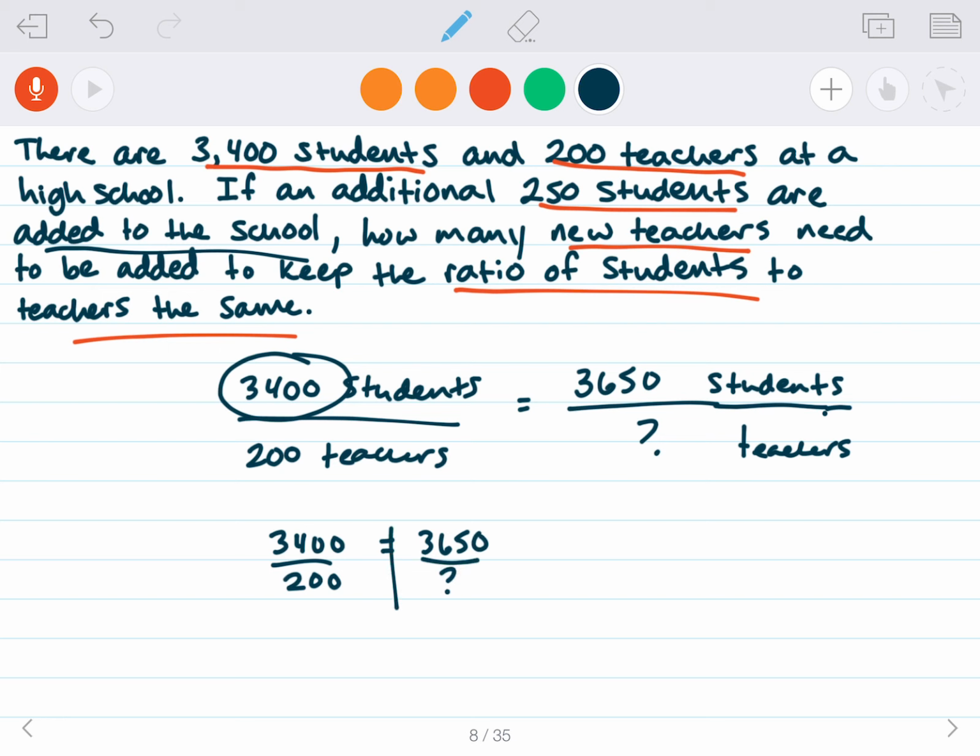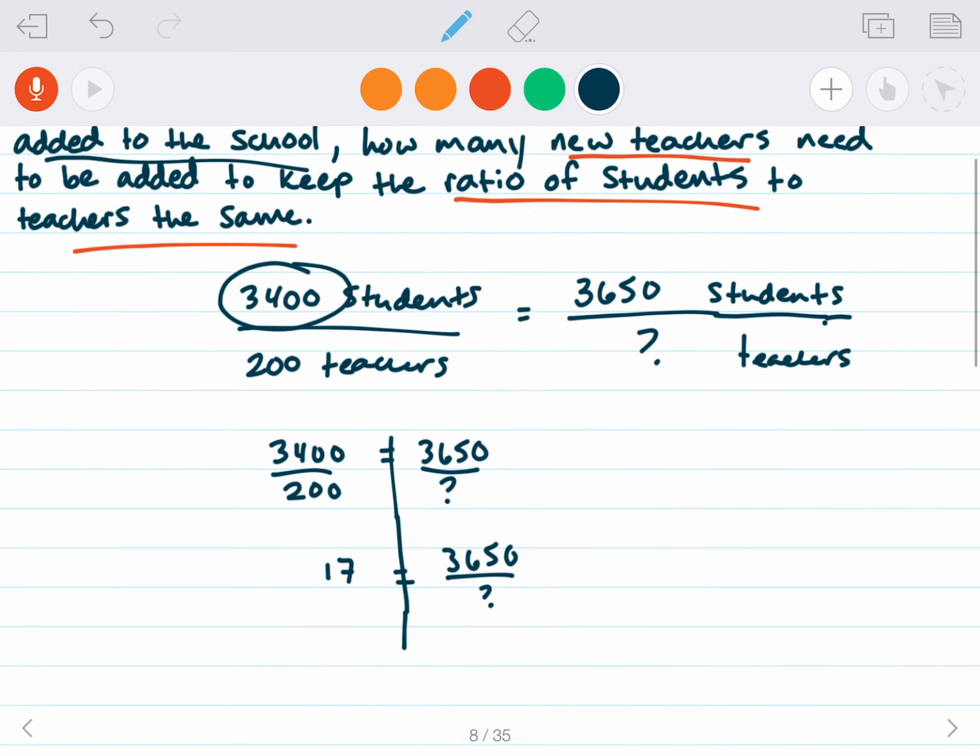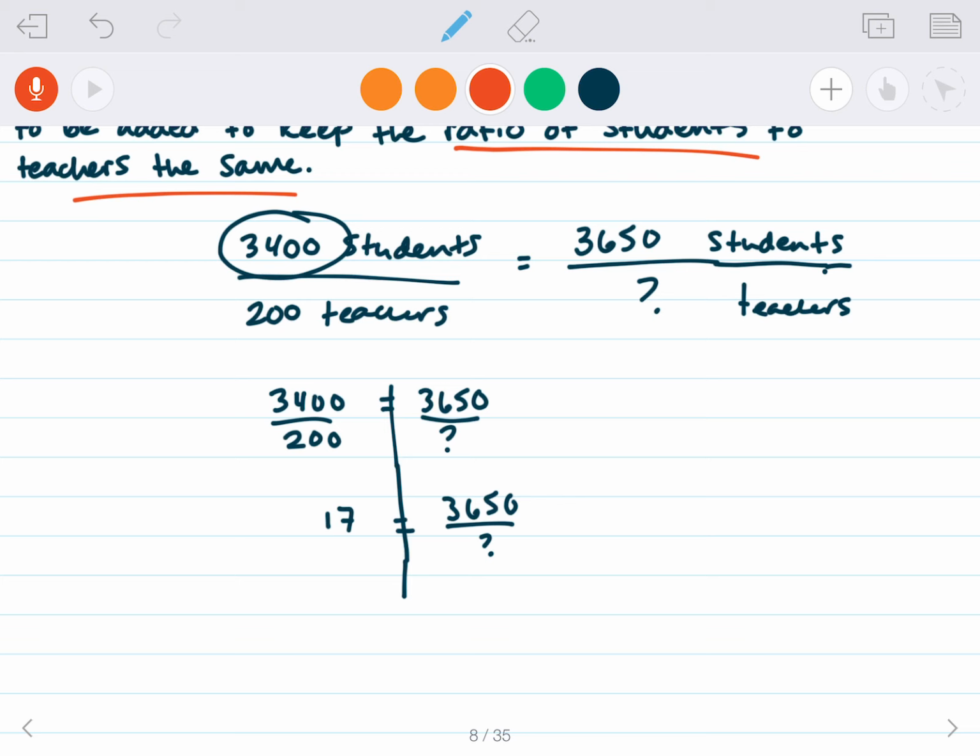Now, on the left side, I can see that 3,400 divided by 200 is 17. So I'm going to just right off the bat change that to 17. Now, since I'm trying to figure out what the question mark is, I can undo division on the right side by multiplying both sides by the question mark to clear the denominator.